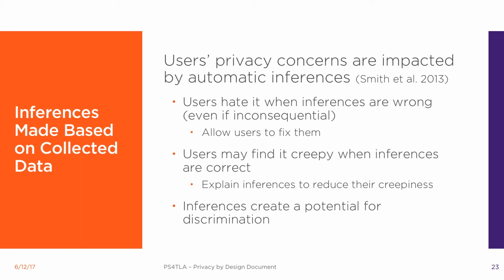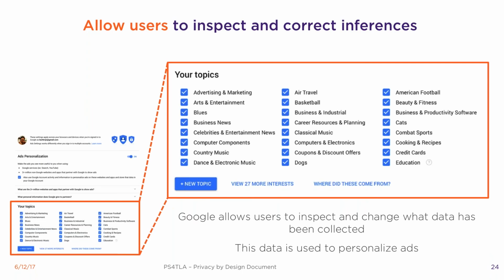So the best way to avoid unwanted inferences is to give users an active say in them. And so the best way to do that is to allow them to inspect and correct them. So Google, for example, allows users to see what topics they have inferred from your search and Gmail history and that they're using to give you targeted advertisement.